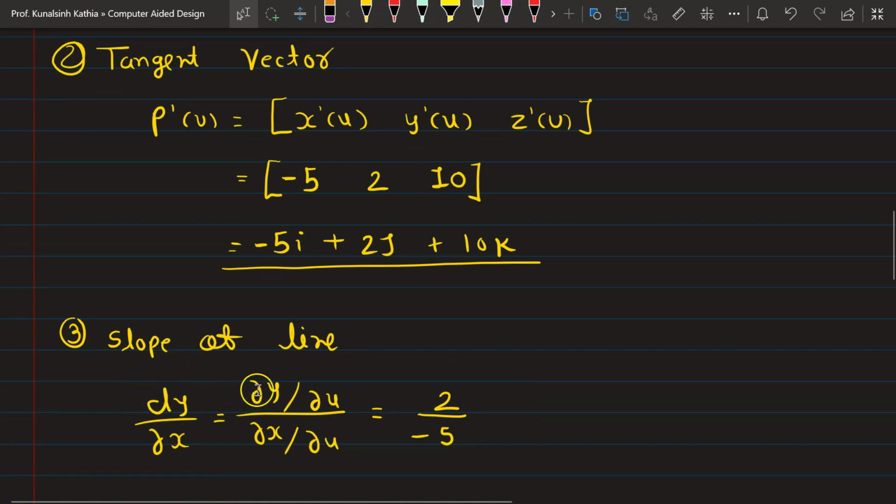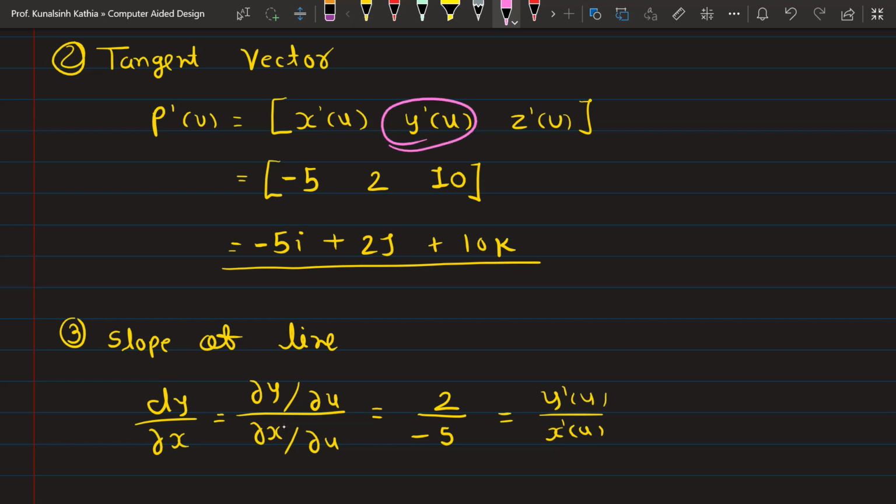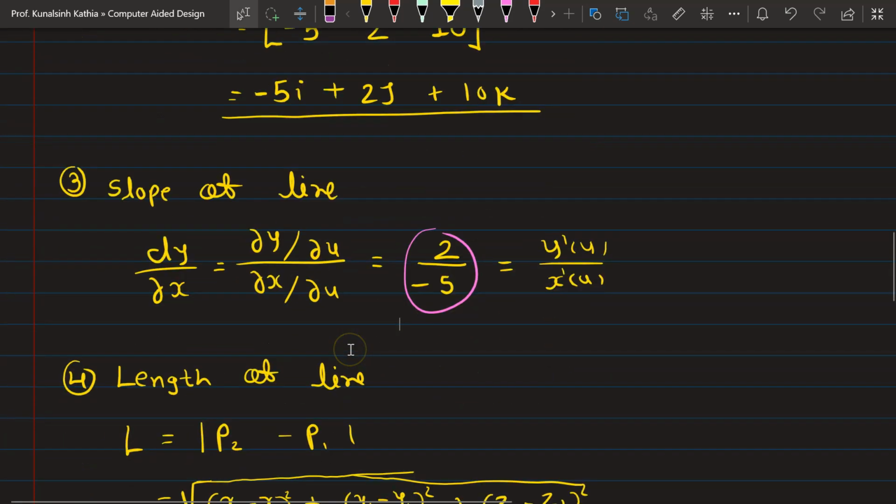For dy by dx, you have to do dy by du divided by dx by du, so it is y dash u divided by x dash u. You can see those values are here, right? y dash u is here and x dash u is here. If I divide them, I get the slope of the line.